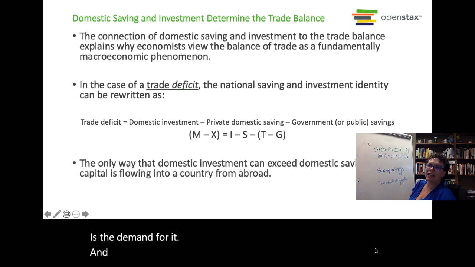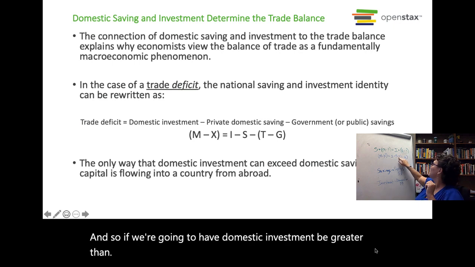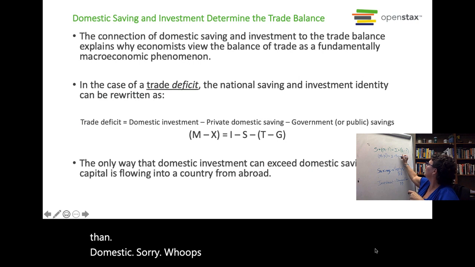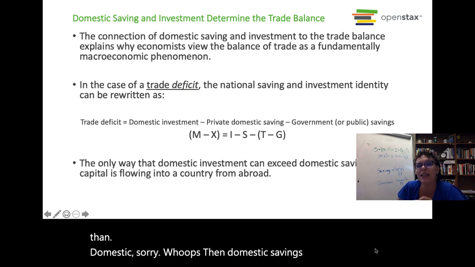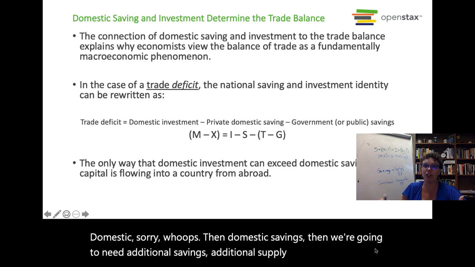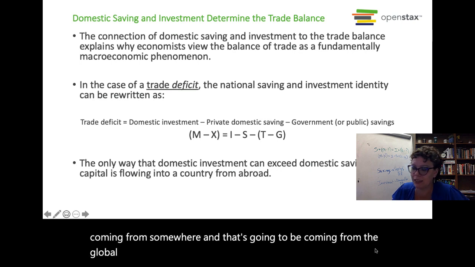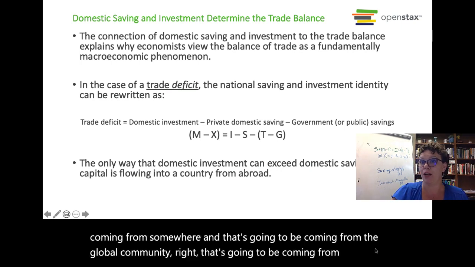And so if we're going to have domestic investment be greater than domestic savings, then we're going to need additional savings, additional supply of financial capital coming from somewhere. And that's going to be coming from the global community, right? That's going to be coming from abroad.